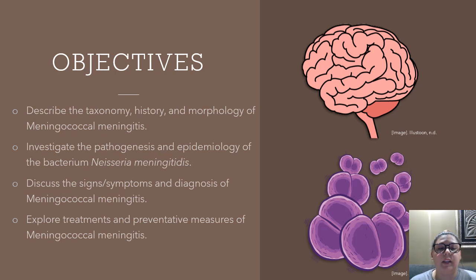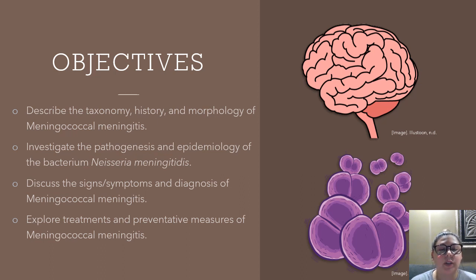In this slide, let's review our objectives for this presentation. So we are going to discuss the bacterial disease meningococcal meningitis, specifically the organism that causes this disease. We will review the bacterium's scientific name, taxonomy, morphology or structure, and the scientist who first discovered it.